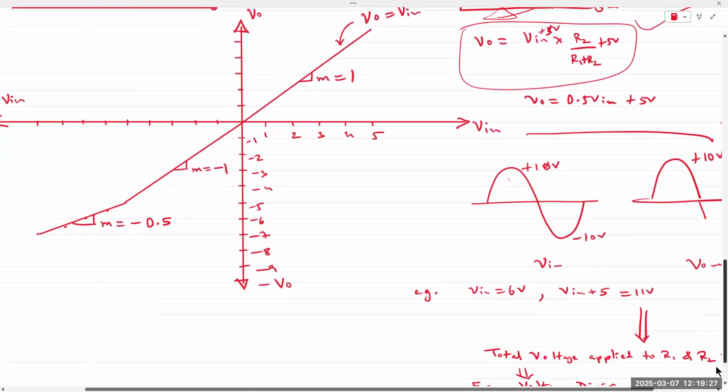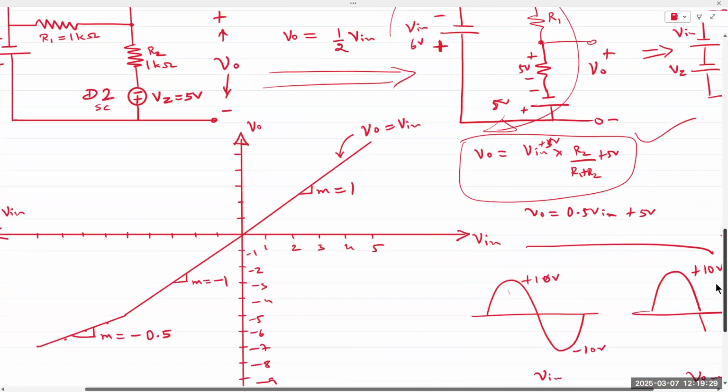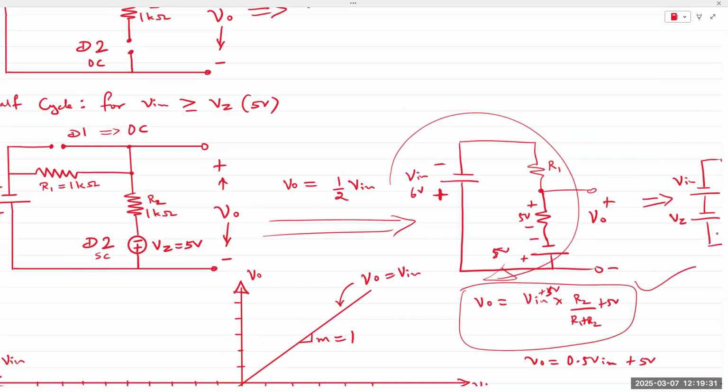So if I reverse this polarity, which is minus and plus for V in, this is the negative half cycle. If I apply the opposite polarity, then my VZ, or actually the diode voltage, will be subtracted.